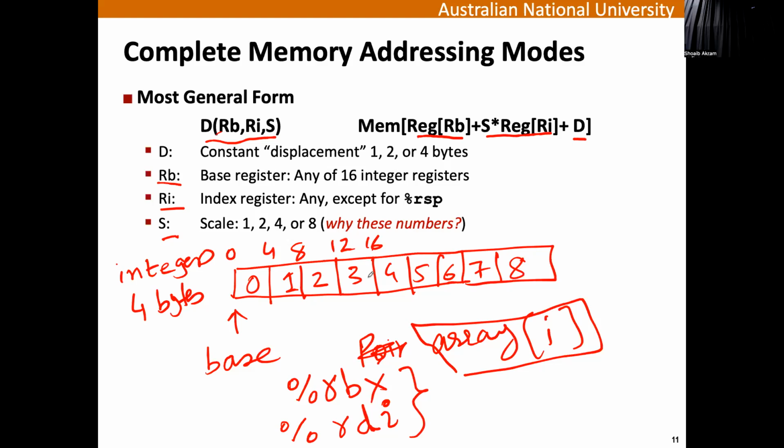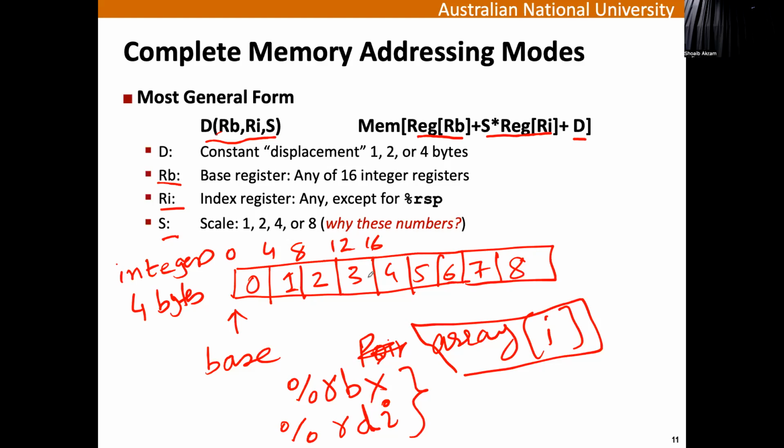So Intel provides 1, 2, 4, 8 as the scaling factors. Why? To allow for different size data types. But why stop at 8? The typical native data types are one byte. What is 1 byte?